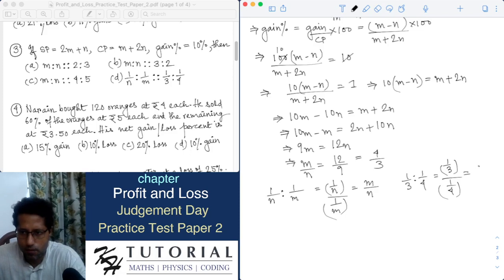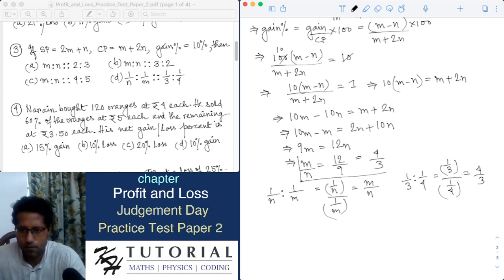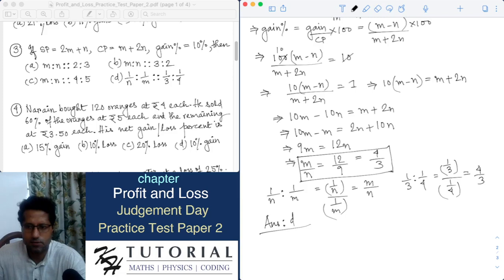This is equal to 4 by 3. So we are getting M by N equals 4 by 3. That is what we have found from the given problem facts. So the answer is choice D. D is the correct choice.